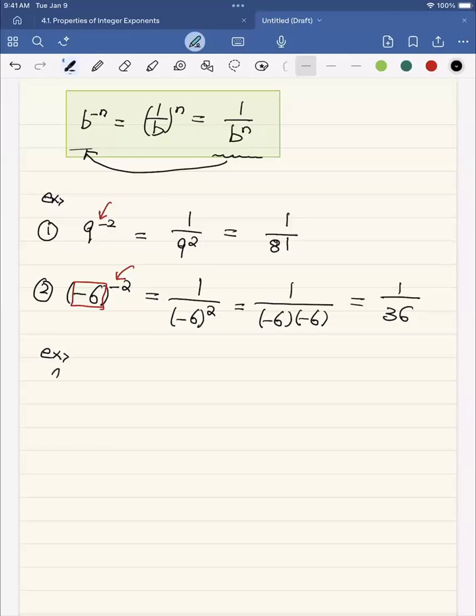The next one is a to the 5th power times a b cubed over a to the 5th power times b squared times y to the 4th power.